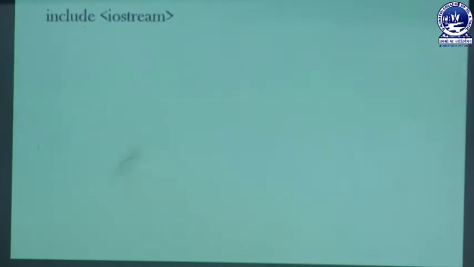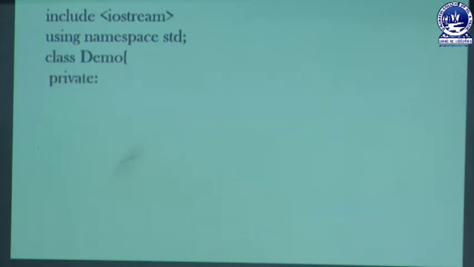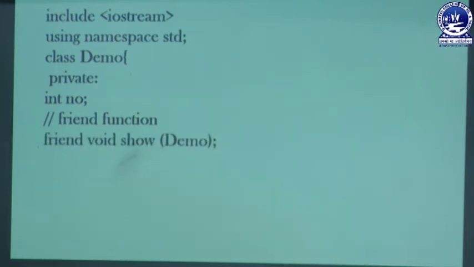Here I have used a very simple example to explain the use of friend function. Let's start the program. #include <iostream>, using namespace std, class demo. Inside class demo I have used private, and in the private section I have used int no. Then I am using one friend function.